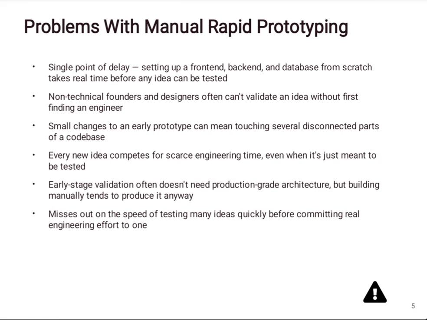Every new idea competes for scarce engineering time, even when it's just meant to be tested. Early stage validation often doesn't need production grade architecture, but building manually tends to produce it anyway. It misses out on the speed of testing many ideas quickly before committing real engineering effort to one.